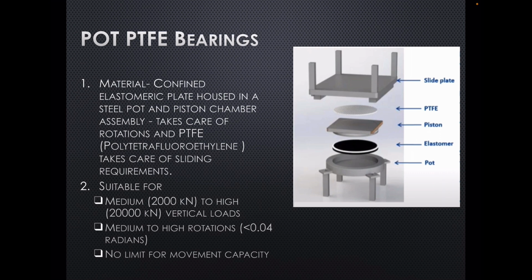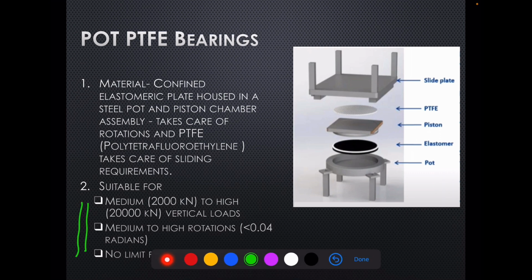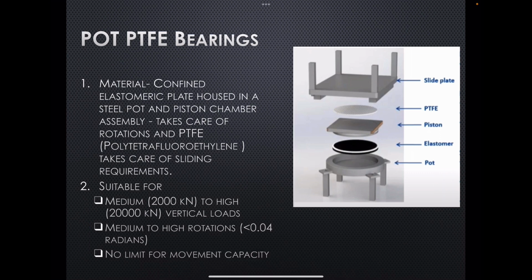And as far as the longitudinal movement limit of pot PTFE is concerned, there is no limit for movement capacity. So these are the specific cases where pot PTFE type bearings can be adopted for open web girders.